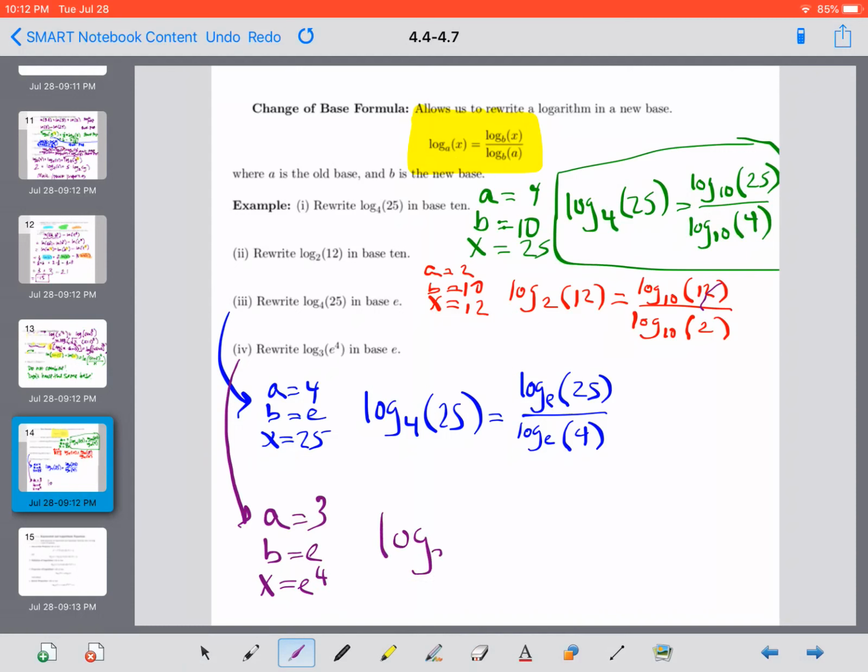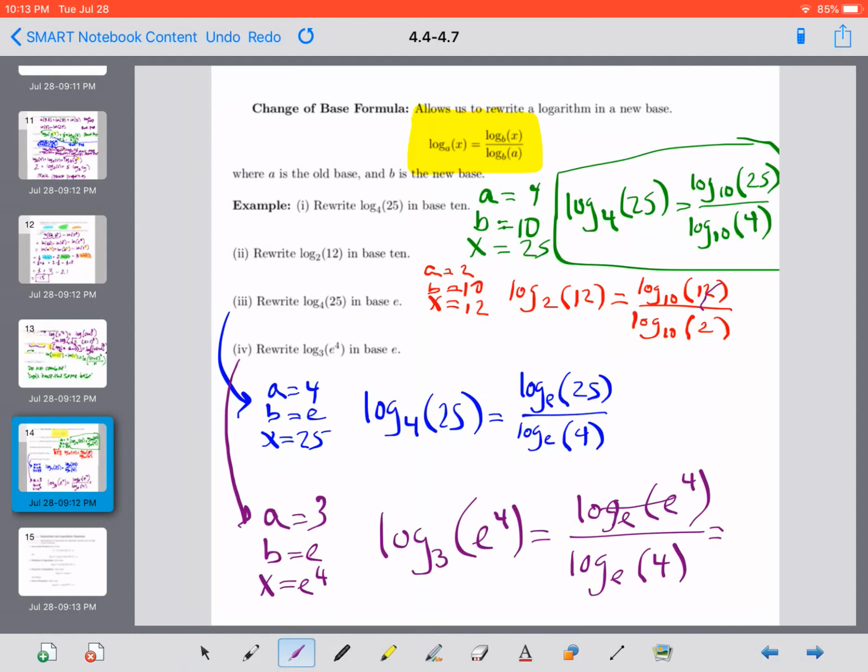So log base 3 of e to the 4th should be equal to log with your new base of e to the 4th over log with your new base of your old base. And actually, the top here is going to simplify. Log base e of e to the 4 is just 4. So this is going to be 4 over log base e of 4. Or if you prefer, remember log base e you can always rewrite as shorthand ln of 4.